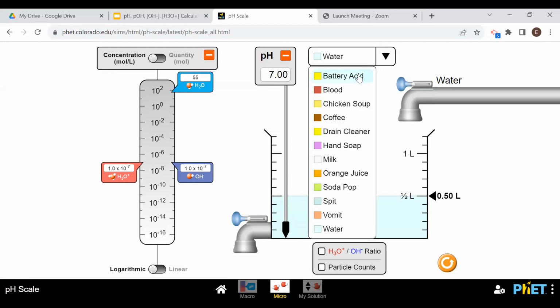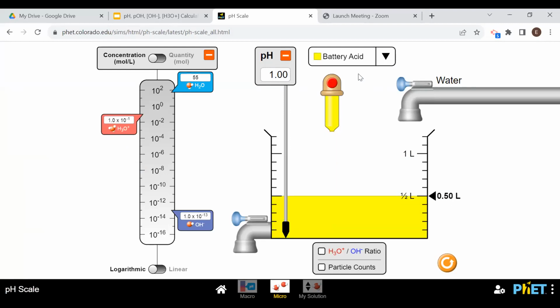What if we take battery acid? It is pH 1, which is consistent with the scale we looked at. Now you see the hydronium ion concentration is higher, while the hydroxide ion concentration is less. So the higher the hydronium ion concentration, the lower the pH, which is acidic.